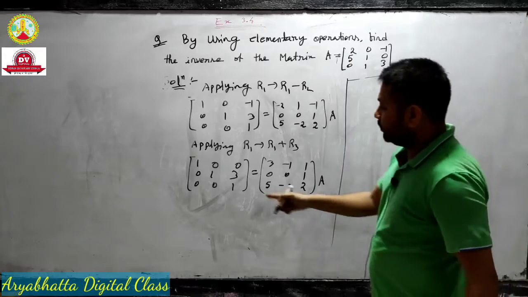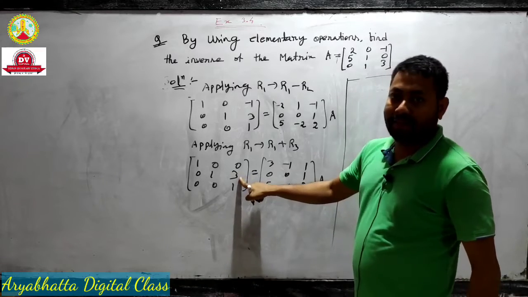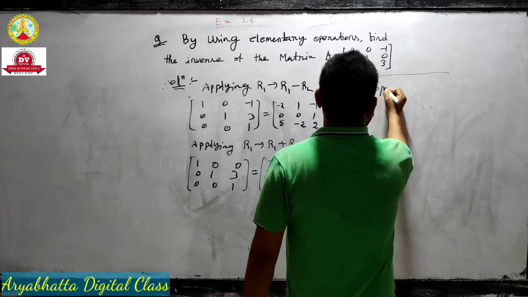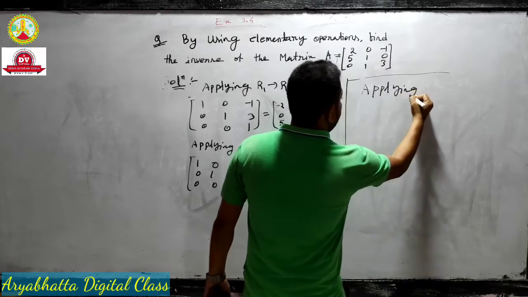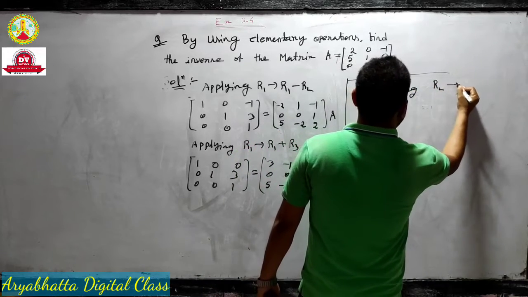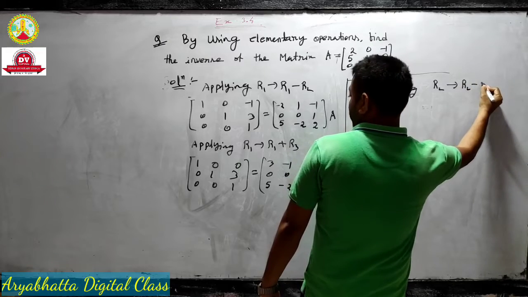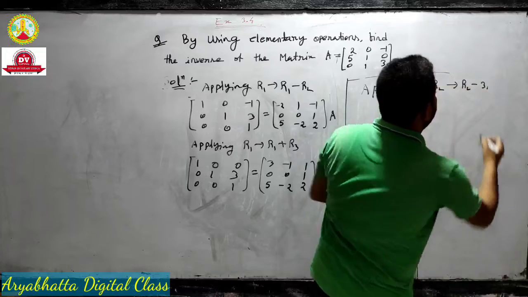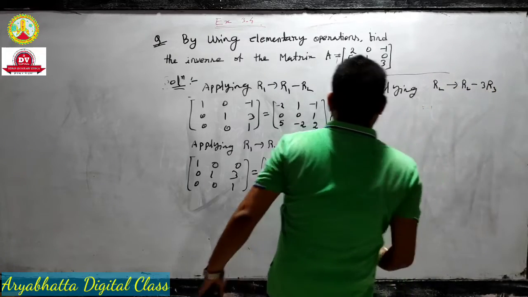Next, for these elements have to be equal to 0. Therefore, we are applying R2 tends to R2 minus 3 into R3.